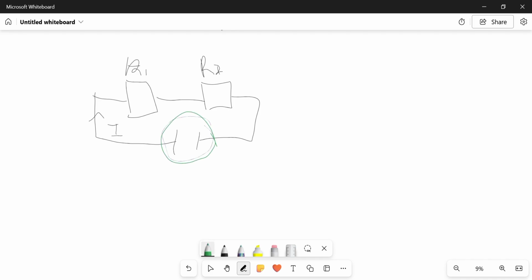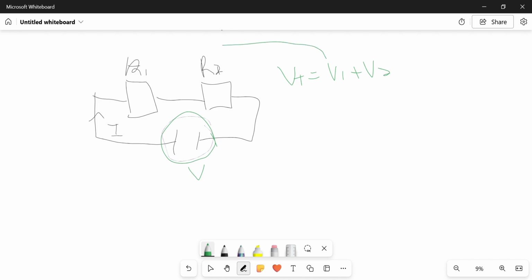This is the power source, which is either a battery or a generator. Here comes the potential difference, which is the voltage. In a series circuit, the voltage is divided, so V equals V1 plus V2.